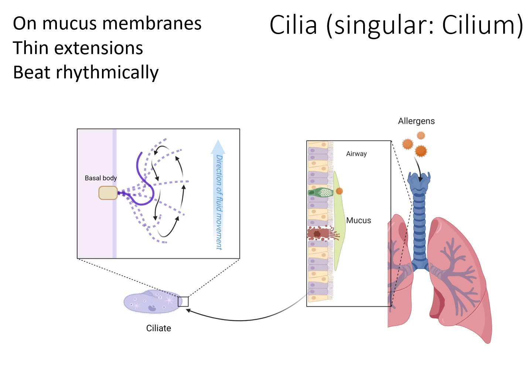Cilia don't act alone. They're usually found in thousands, if not even more, on the apical surface of an epithelial cell on a mucous membrane. That's the fancy way of saying on the cells that line the opening. Cilia will beat in unison, moving the mucus in one direction.